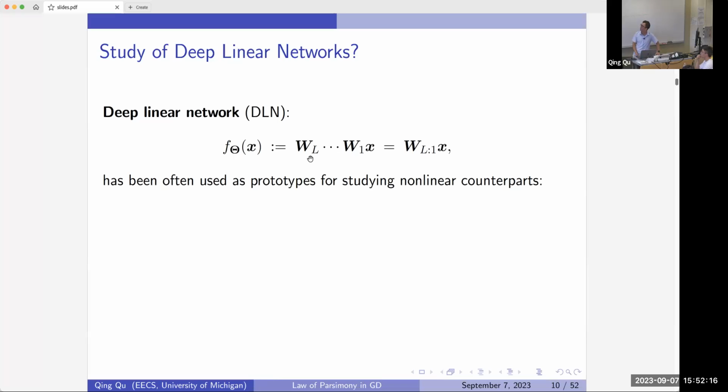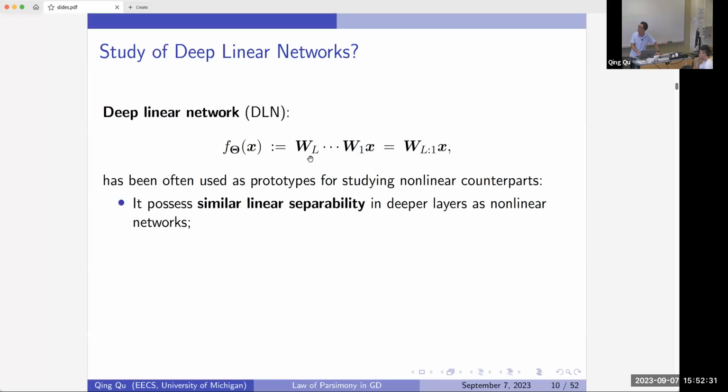In the past, a lot of people used the deep linear network as a prototype for studying nonlinear counterparts, because there are quite a few similarities between deep linear and nonlinear networks. One similarity, as we showed here, is the similar linear separability in the deeper layers. If we do a hybrid network, the linear part just does compression of your features, once the initial layers make the features linearly separable.